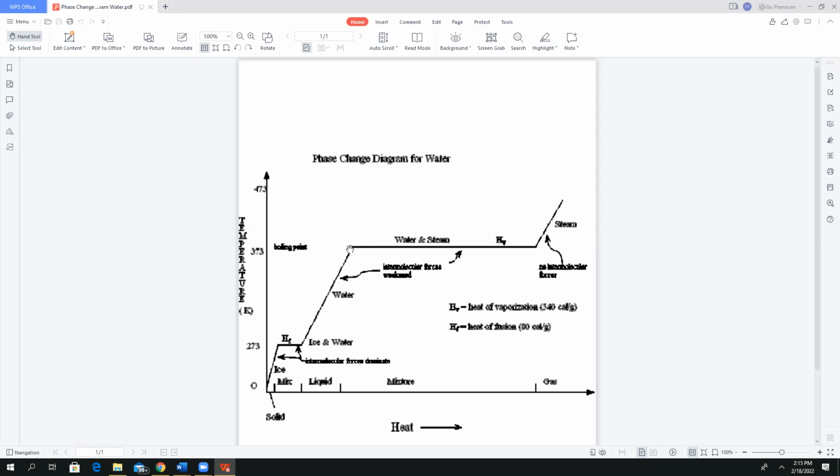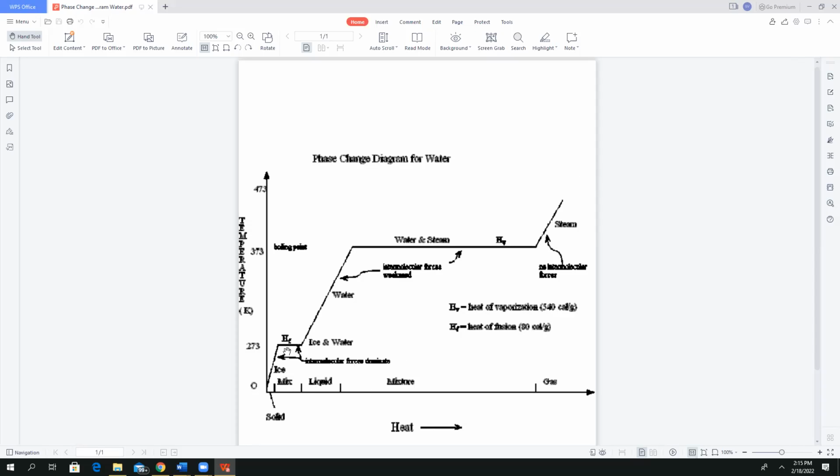And then finally, you hit the plateau, and that takes a long time also, because you've got to break all those intermolecular forces. You got to weaken them here. You got to completely get rid of them pretty much to turn to steam. So it takes a lot of time.